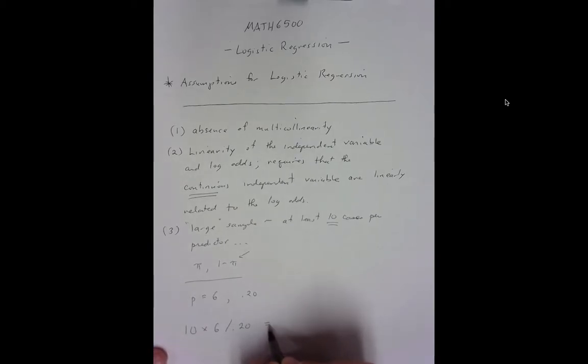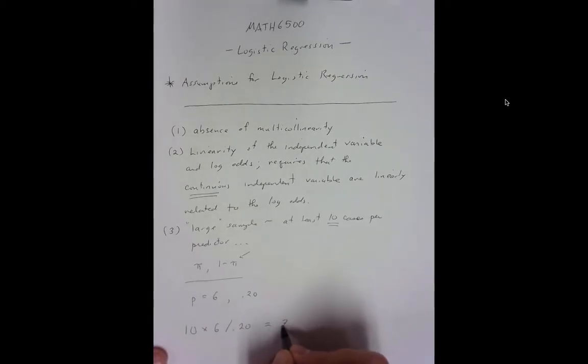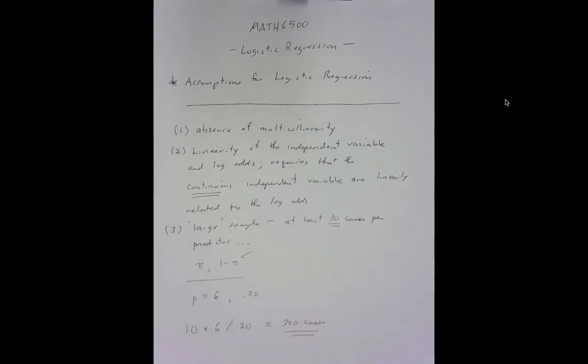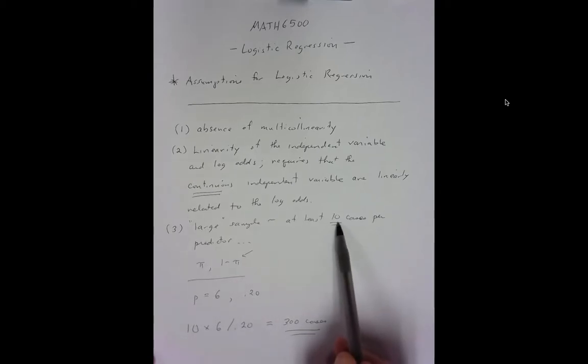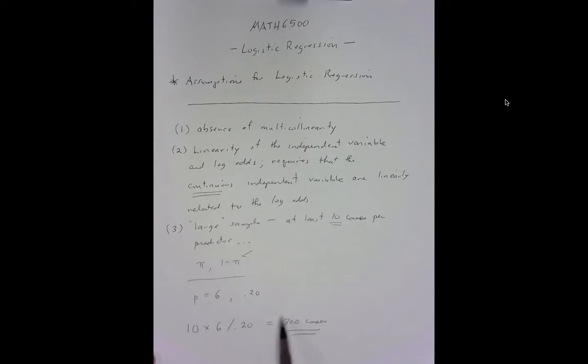So guys, if my mental math is correct here, we would need approximately 300 cases. So again, it kind of violates a straightforward approach, because we need 10 cases per predictor. So if we have 6 predictors, 10 cases each would say we would be comfortable with a sample size of 60. But actually this factor plays a role, so we would need a larger sample size.